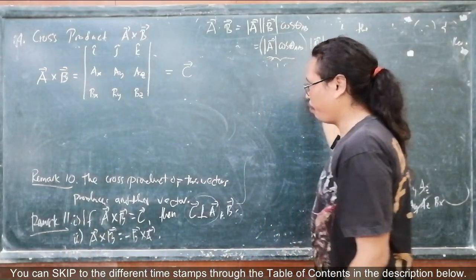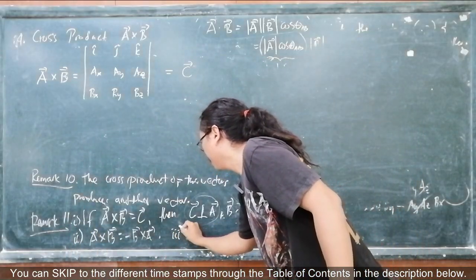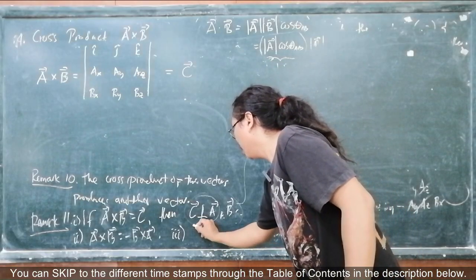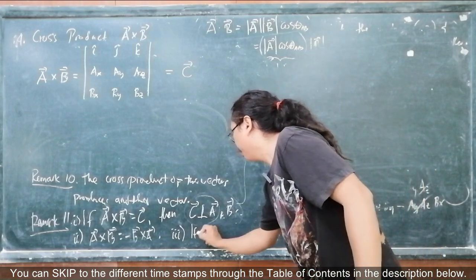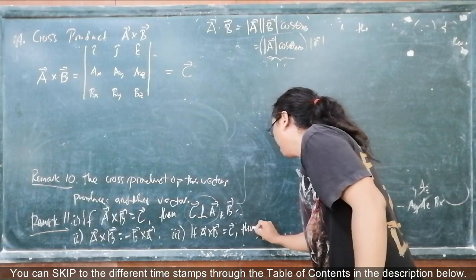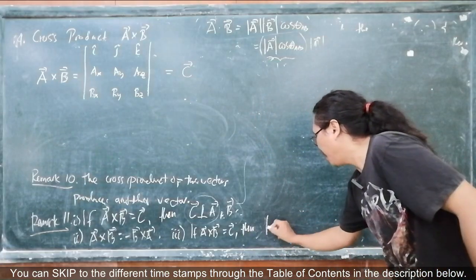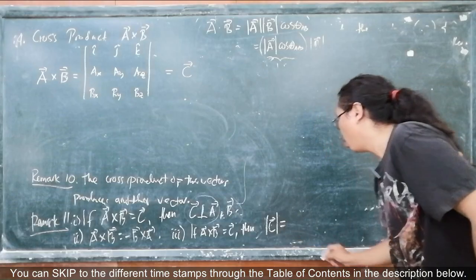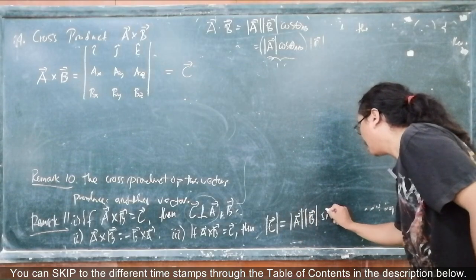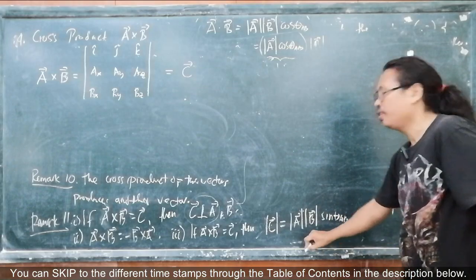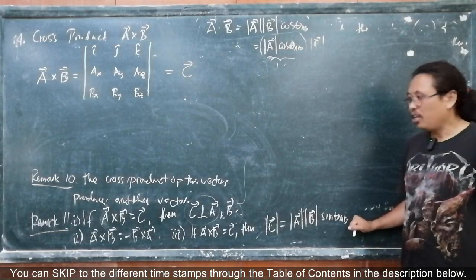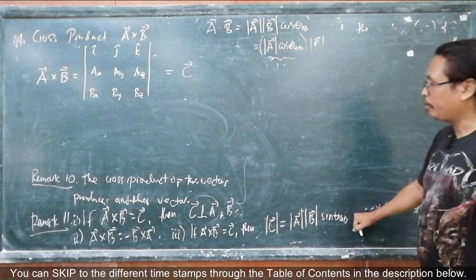I'll put it in the third remark here. If A cross B equals C, then the magnitude of C is equal to the magnitude of A times the magnitude of B times sine of the angle between them. This is actually important. This is much more important than the magnitude of the dot product.